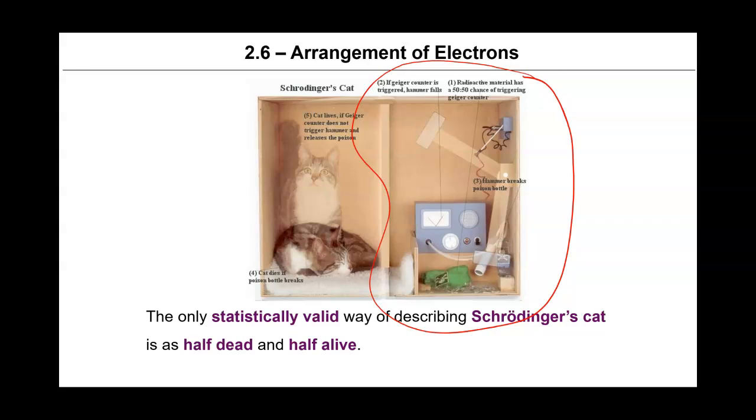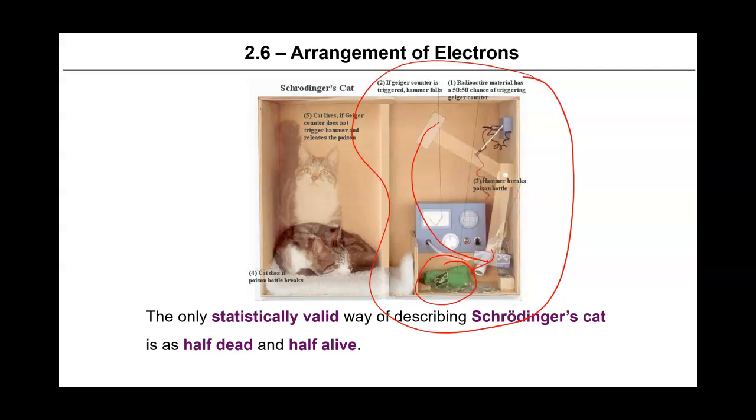And what we have is a sample of a radioactive material that if it undergoes radioactive decay, it will activate a Geiger counter. If the Geiger counter is activated, then a hammer drops and smashes a vial that contains a poison that is released as a vapor, and the cat dies.